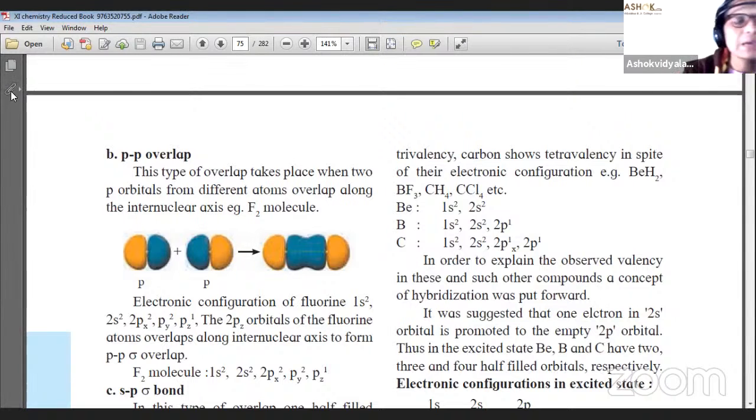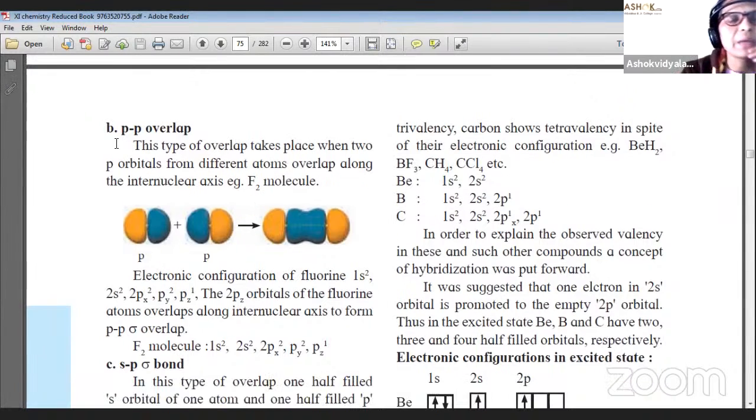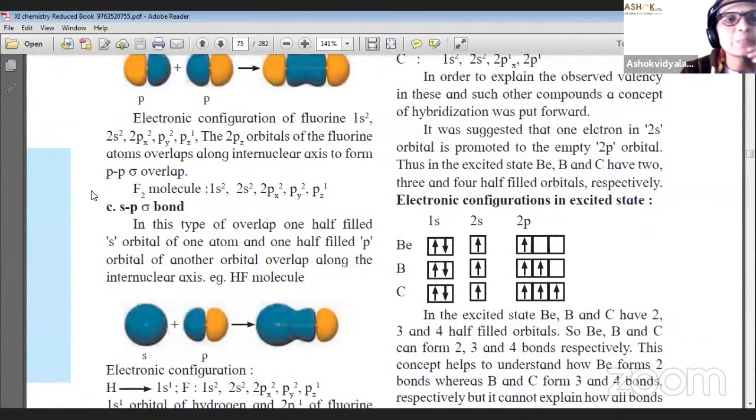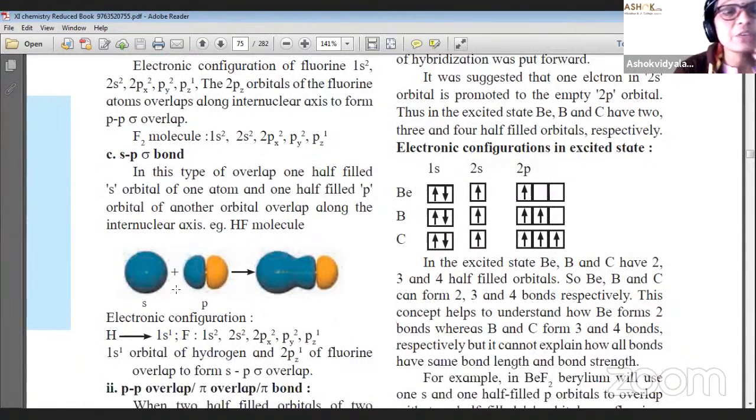Now we'll see another type of overlapping, the s-p overlapping for the formation of a sigma bond. An example you can consider is the formation of HF.